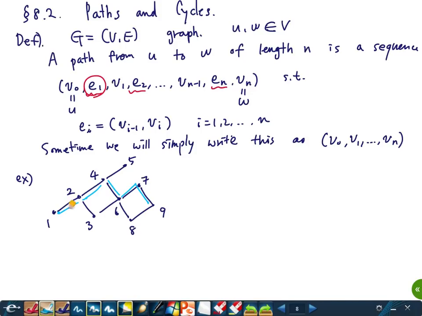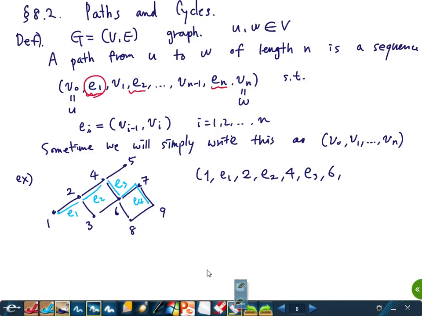Let's say this is E1, E2, E3, E4. Then this is a path like this. We start from 1, use E1 and go to 2, then use E2 and reach 4, and then using E3 we reach 6.